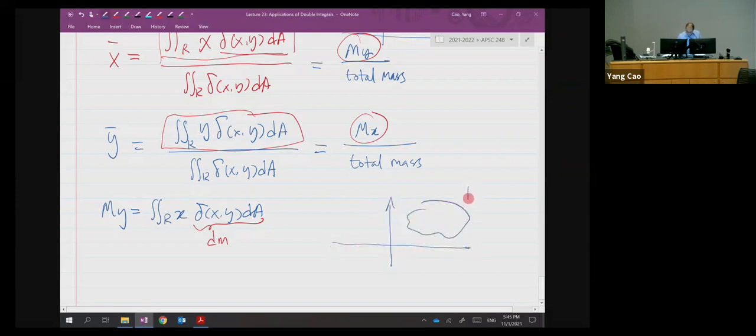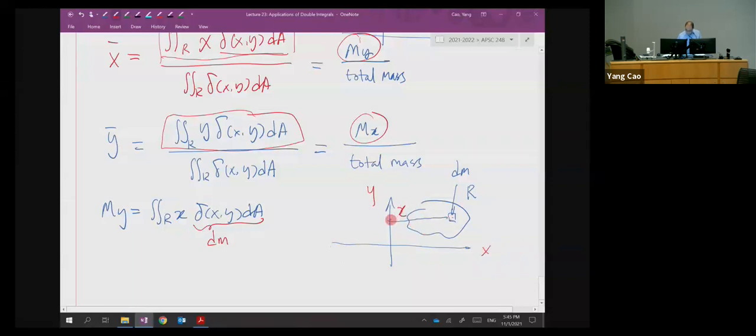Suppose this is your region R, and here is the location you're interested in. This location has a dm, and a corresponding distance to the y-axis.